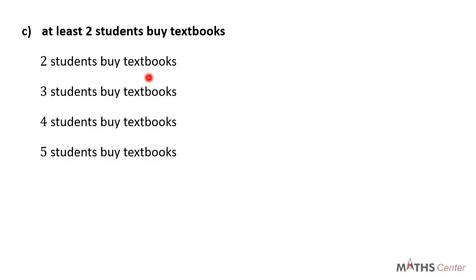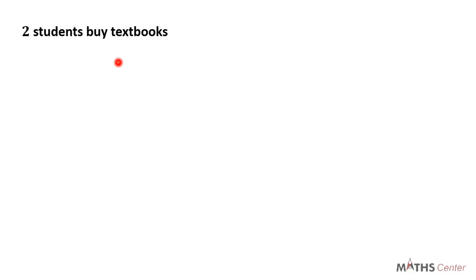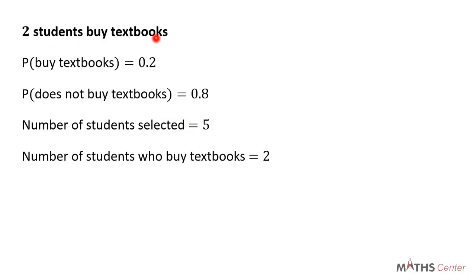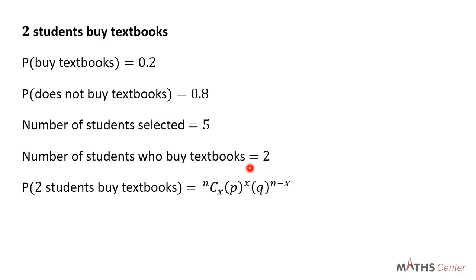Let's begin with the first one, the probability that 2 students buy textbooks. We know that the probability that a student buys textbooks is 0.2. The probability that a student does not buy textbooks is 0.8. The number of students that were selected is 5. Here, we want the probability that 2 students buy textbooks, so the number of students who buy textbooks will be 2. The probability will be given by n combination x, p exponent x, q exponent n minus x. N is the number of students selected.